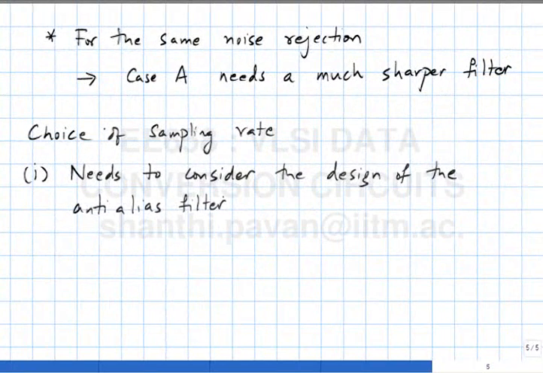Obviously a very, very sharp filter is difficult to design, and for those of you who have taken the elective on filters, you know that when the order of the filter is high, the noise generated inside the filter is high and it's more sensitive and a whole bunch of other things. So even though Nyquist is telling you that 2 times B is enough, in practical systems you will find that the sampling is always done at a rate higher than Nyquist.